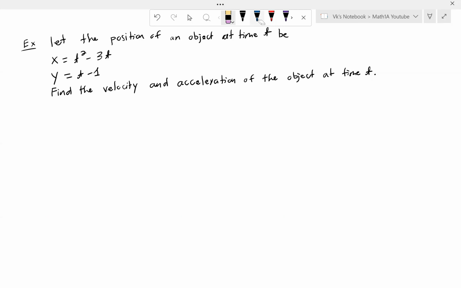Example: let the position of an object at time t be x equals t squared minus 3t, y equals t minus 1. Find the velocity and acceleration of the object at time t.